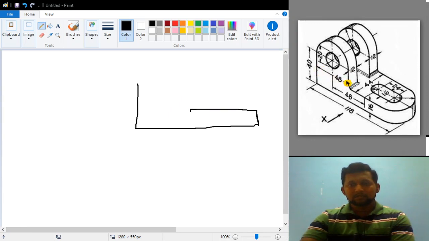Next I am drawing a vertical line. From the bottom it is nothing but 40, so this vertical line will be equal to how much? 24.